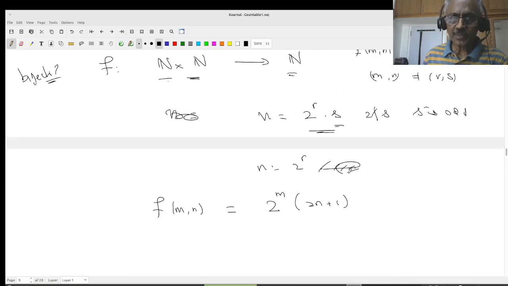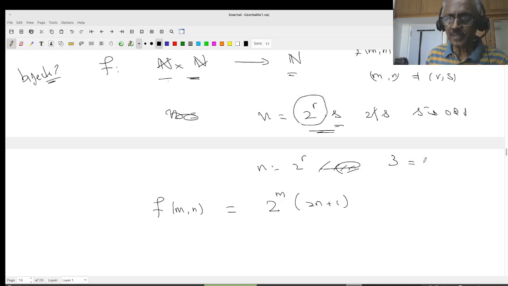Now there is a problem, because remember in f(m, n), m and n are greater than or equal to 1. Therefore if both are 1, this will be 2 to the power 1, this will be 3, therefore it should be greater than or equal to 6. So it may not be a bijection. Are you following? So I try to change this. For example, this r could be 0.